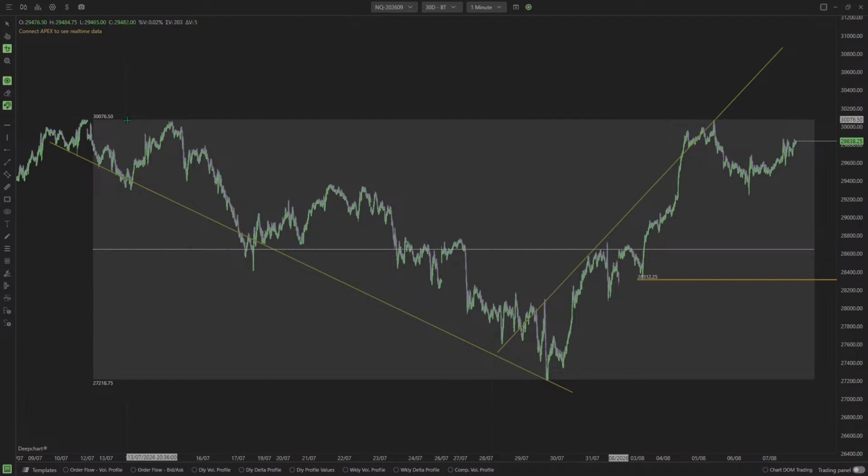Who knows? We're in a range near the all-time highs. Do we break out and test the high? Or do we revert back down to the middle?